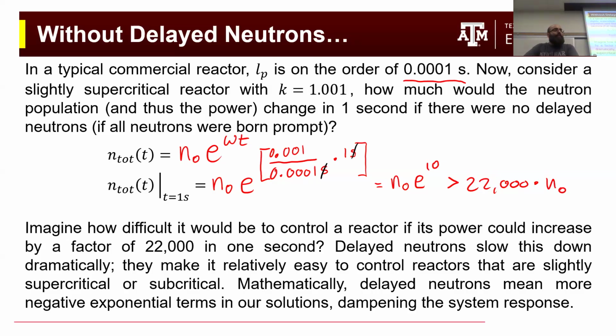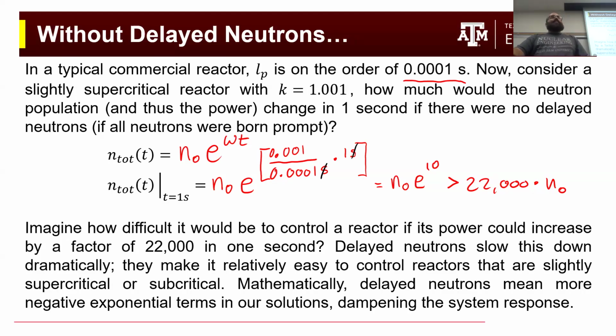If we had no delayed neutrons in our reactor and it got slightly supercritical, this example shows that in 1 second our neutron population would increase by a factor of 22,000. That means our power could also increase by a factor of 22,000 in one tiny second, and that's not going to be good.